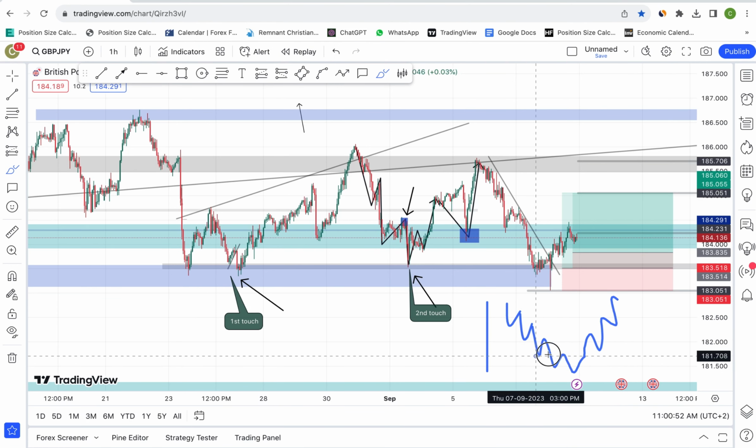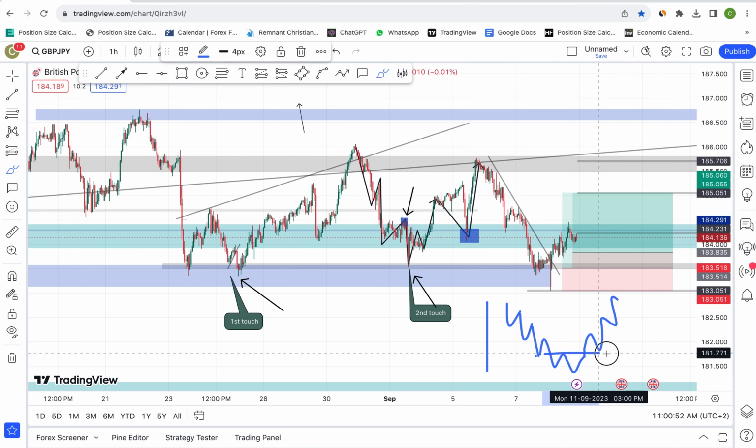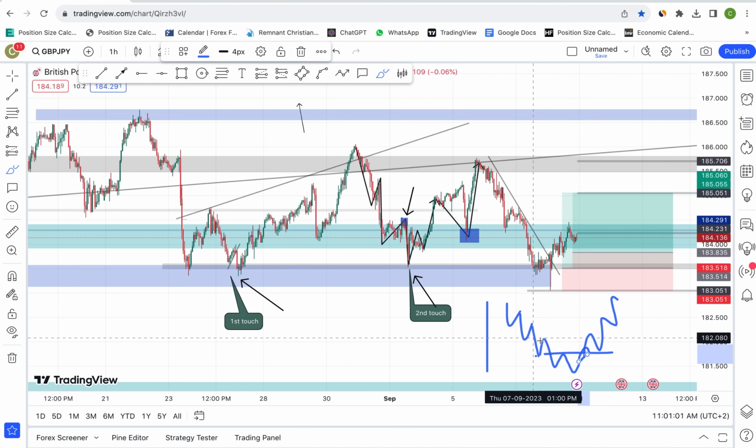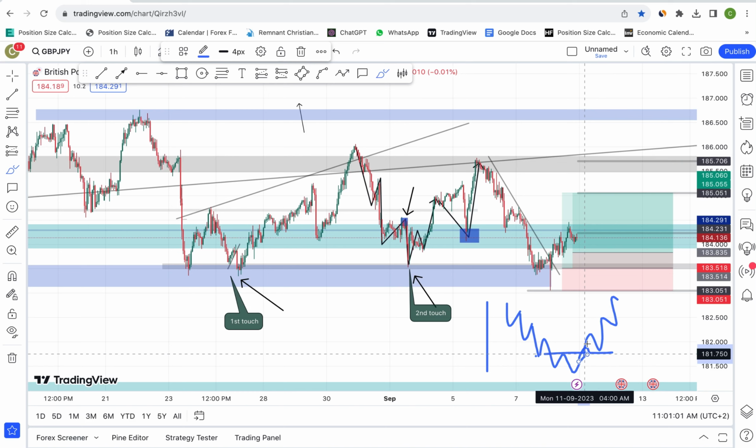You can see that the last higher low was this. The break occurred right here, because it broke this structure. You can see this last one did not break, but this structure was broken right here with this higher high.